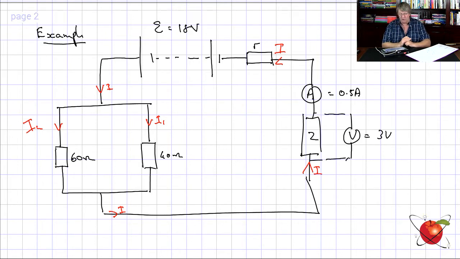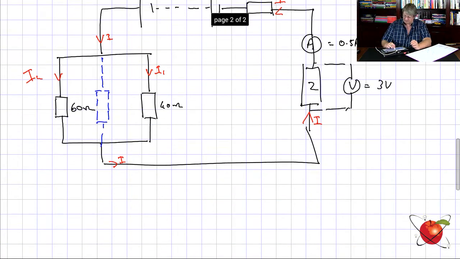Well, here we've got two resistors, okay? Therefore, can I calculate effective resistance of the circuit? Let's have a look. Remember, I put in my ghost resistor there, all right? And let's go and calculate it.